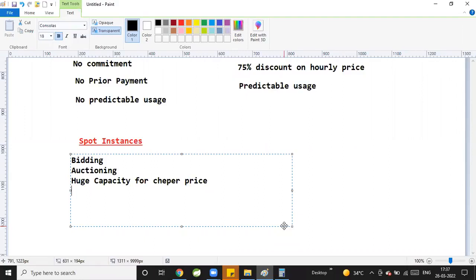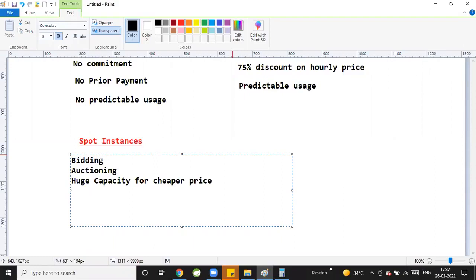So when AWS has an instance with a huge capacity, they want to sell those instances in the market. They want to attract the people. So such kind of instances they treat as spot instances and conduct bidding and auctioning. Huge capacity systems they provide for a cheaper price.